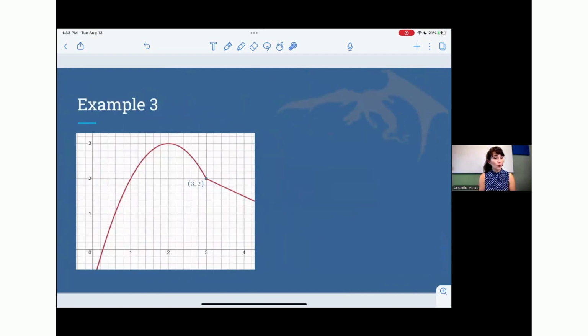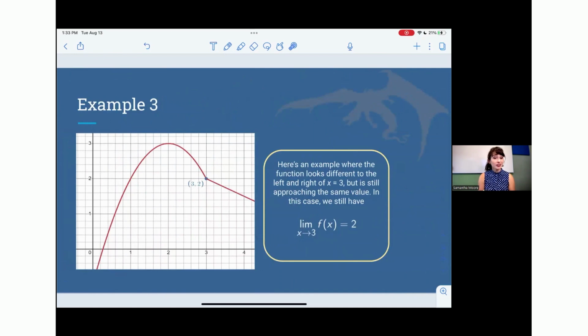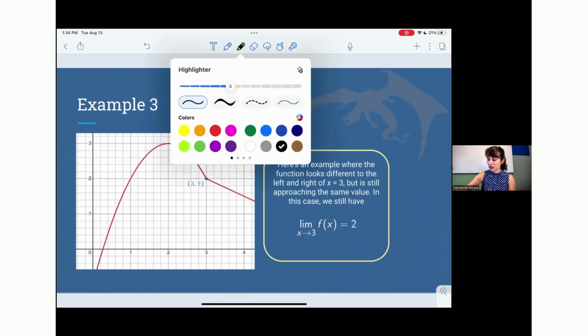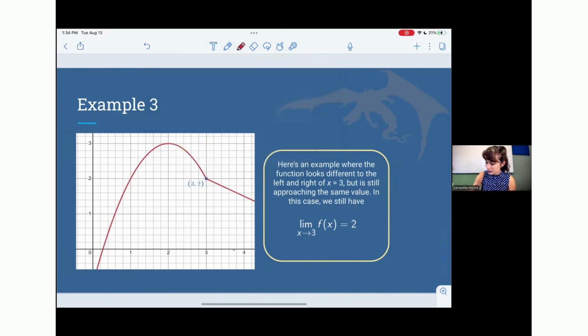And then here is one more example, again, slightly altered. We can still see that in this problem, no matter which direction you come from, as x gets close to 3, our function is getting close to 2. So if we come from, say, the right-hand side, and we let our x values get closer and closer to 3, and we look at the corresponding points, and then the corresponding y values, we see that the y values are getting closer and closer to 2.